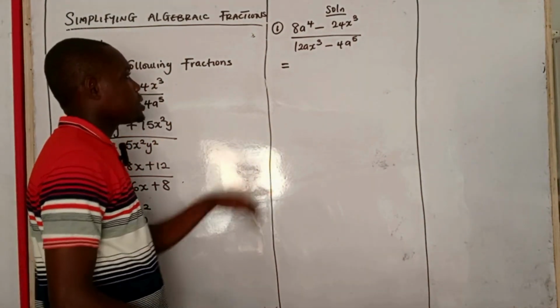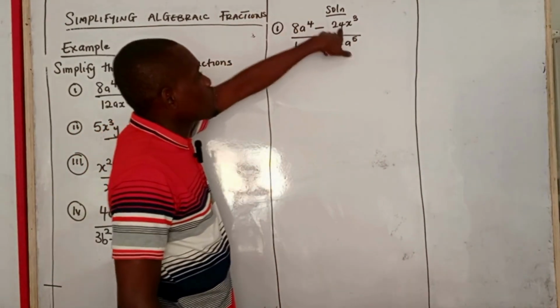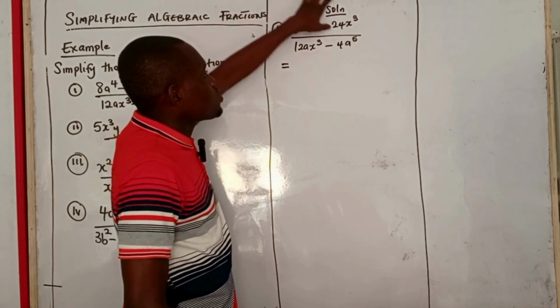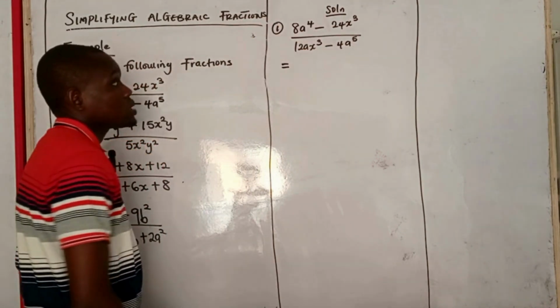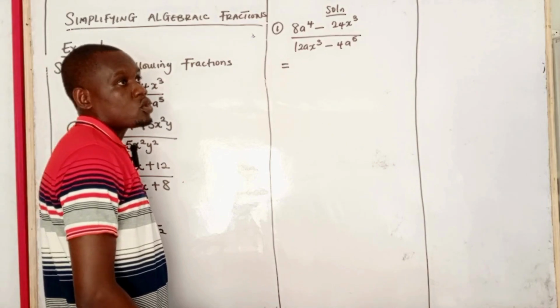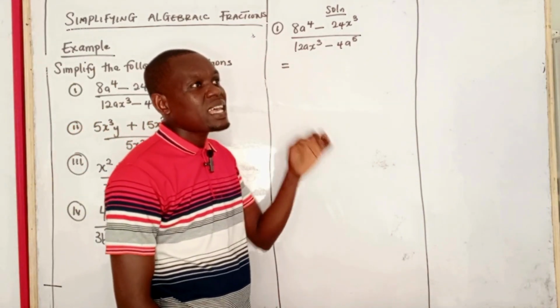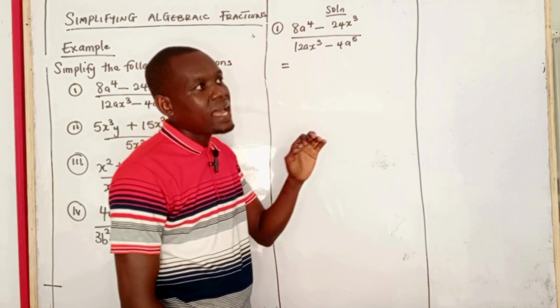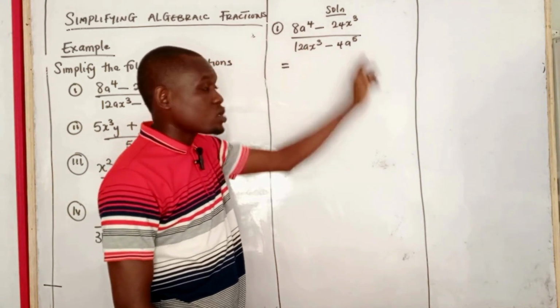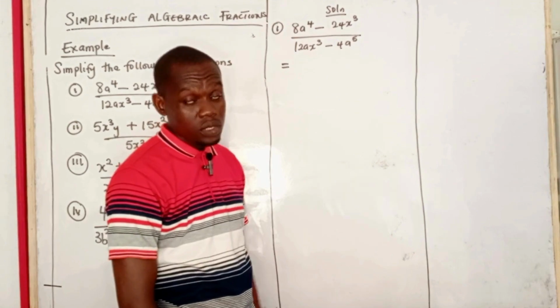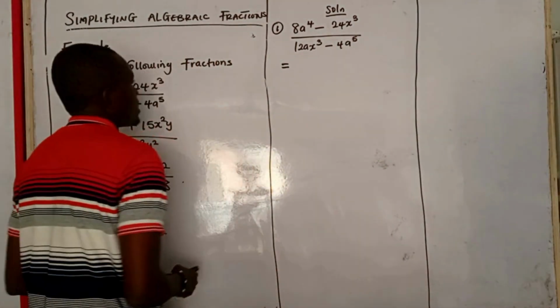You agree with me that the common factor of 8 and 24 is definitely going to be 8. That is the highest number that can divide 8 and 24 at the same time without a remainder. So the common factor here is 8.